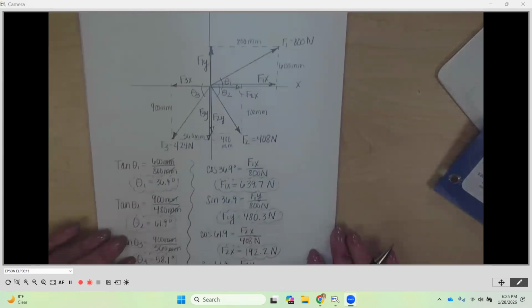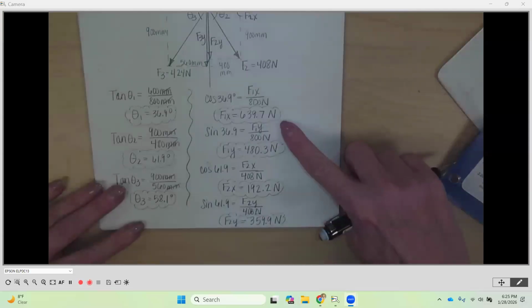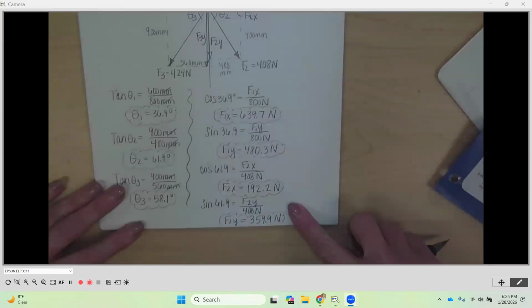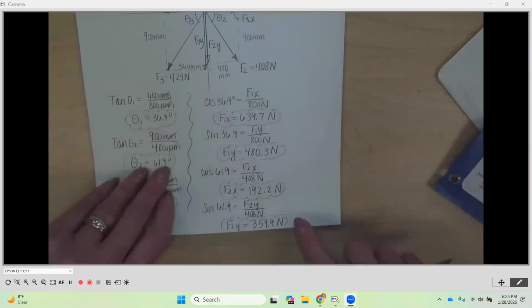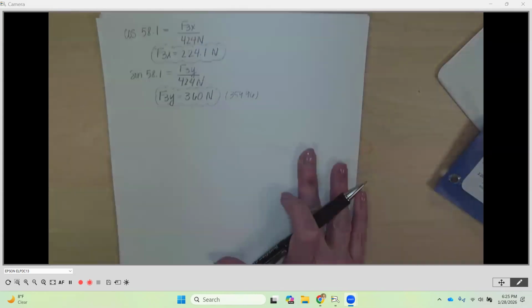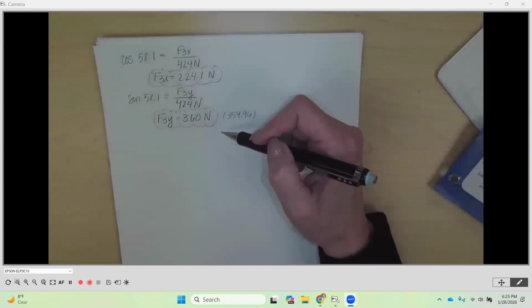And then we went ahead and we already calculated the X and the Y, starting with the Y here, components for each one of those forces. So what we've done is kind of the start work for this problem, and now we want to take it further using those rectangular components to solve for the resultant.